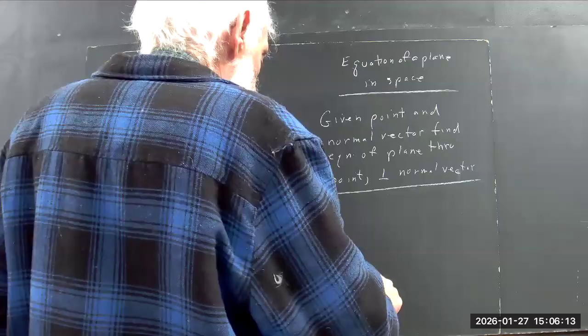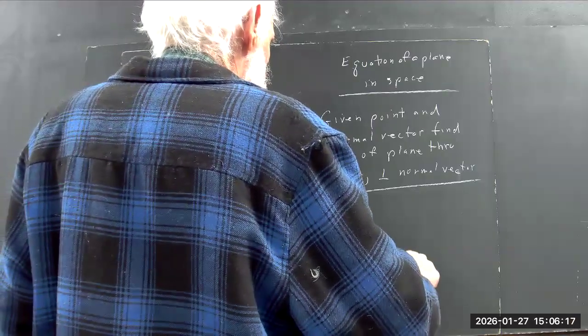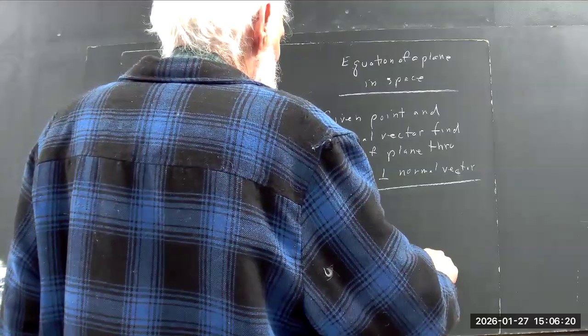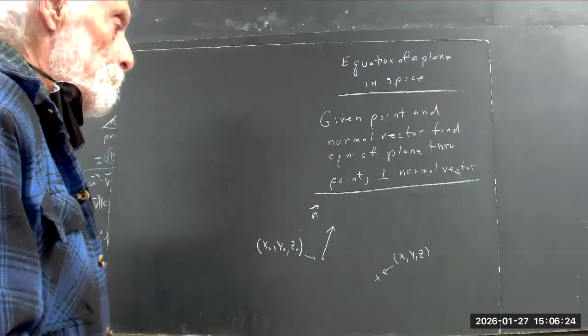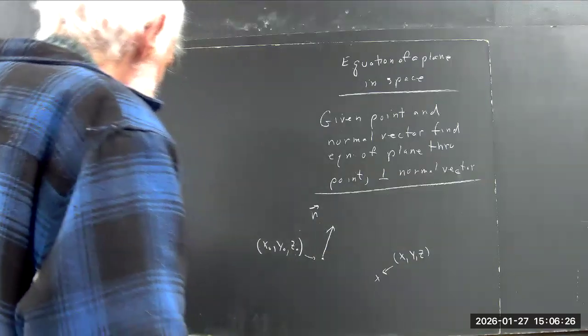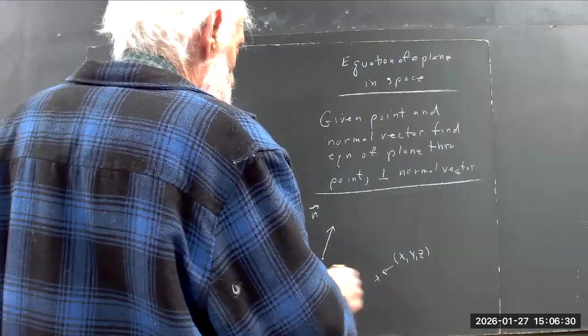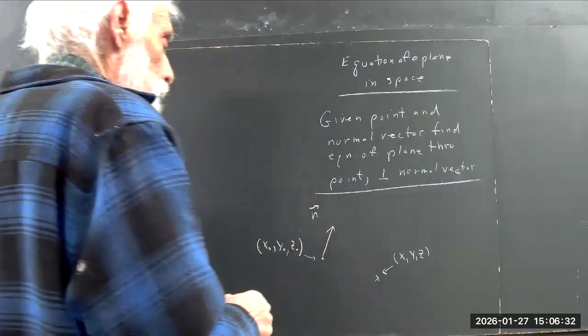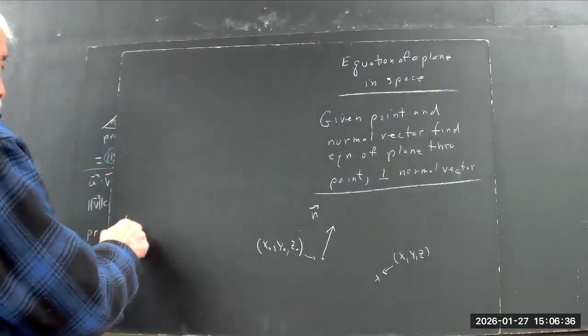Then a point x, y, z is in the plane provided the vector from here to here is perpendicular to the normal vector. So I can write this as a statement.